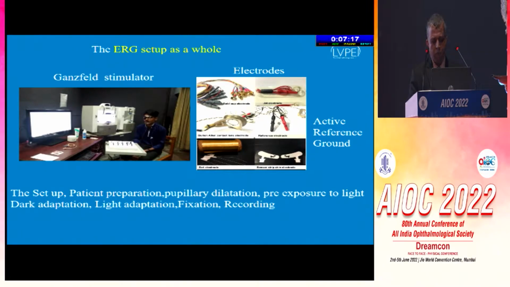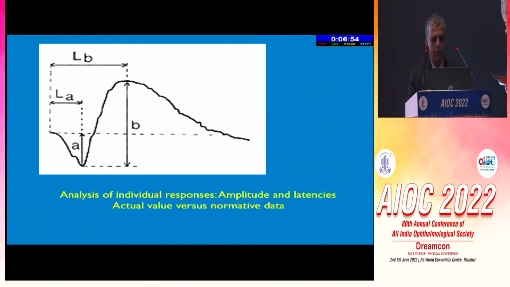Normally the standards recommend 20 minutes of dark adaptation and 10 minutes of light adaptation. Regarding fixation, the full-field ERG is a test where cooperation is not that essential. Even in those with nystagmus and poor cooperation, the responses can be collected.